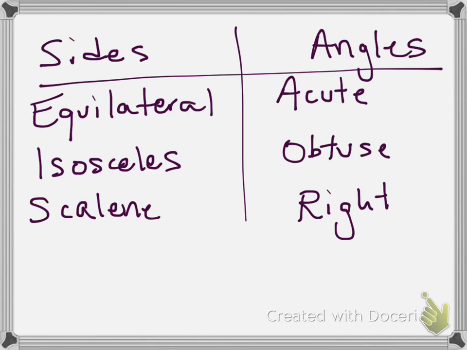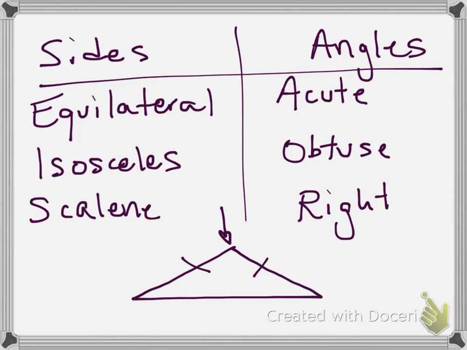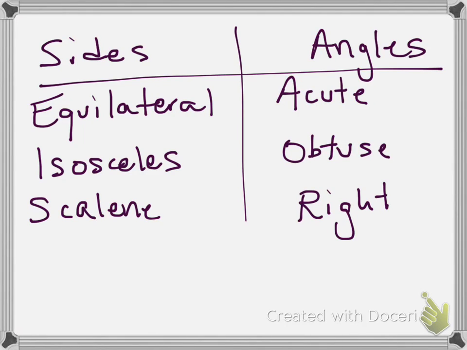I could also draw an isosceles triangle that was obtuse. It has an obtuse angle right here and two sides that are the same. Let's see, I could draw a scalene triangle that was obtuse. Or by changing this slightly, I could draw a scalene triangle that was right.